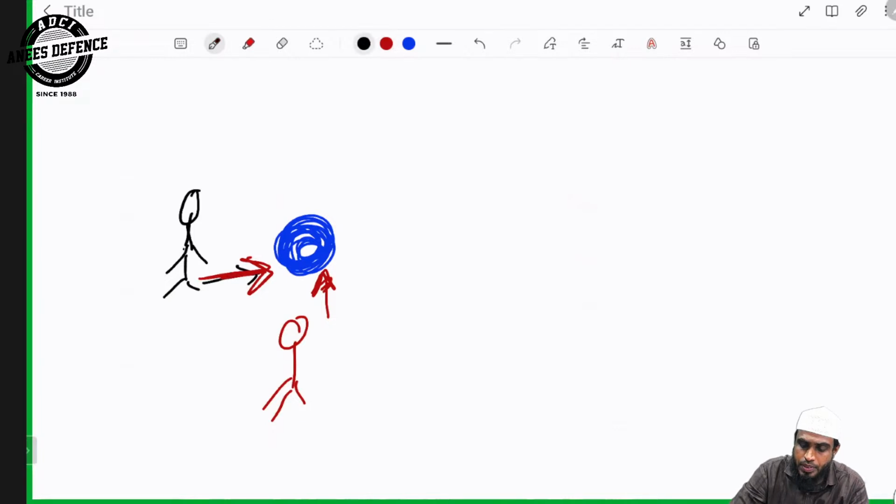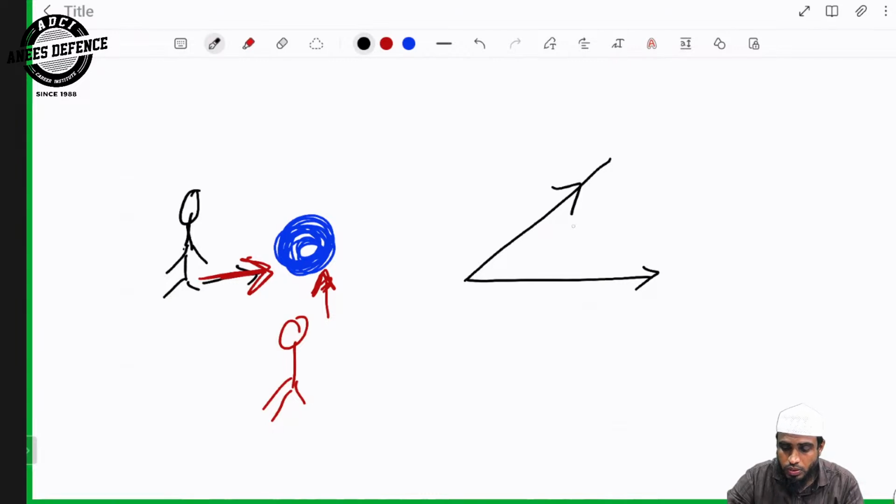For example, the first force is like this, and the force applied by the second person is like this. So we are applying force simultaneously. Here we can complete this diagram with a parallelogram.